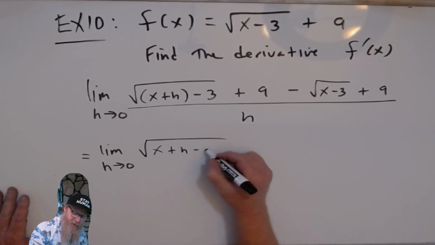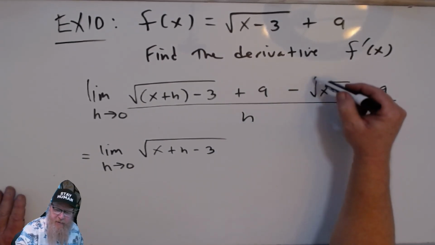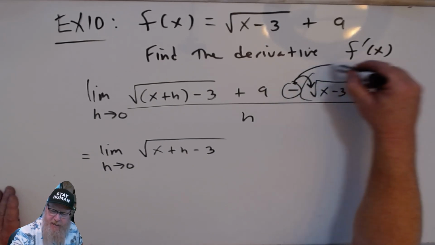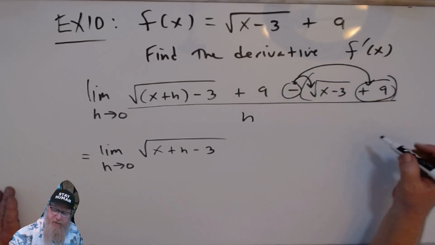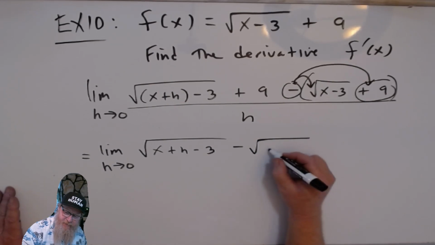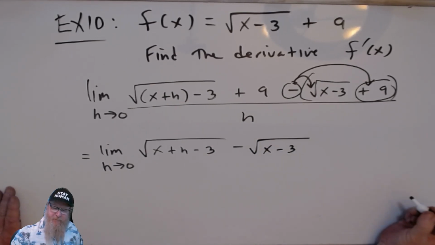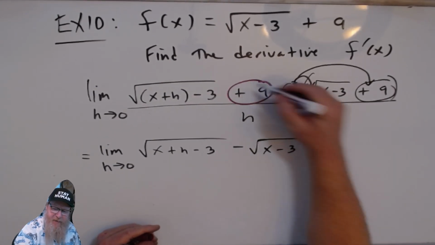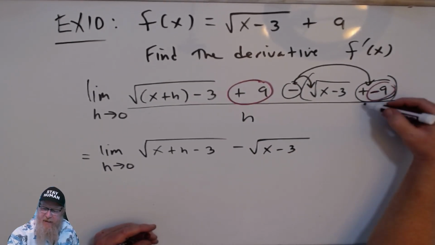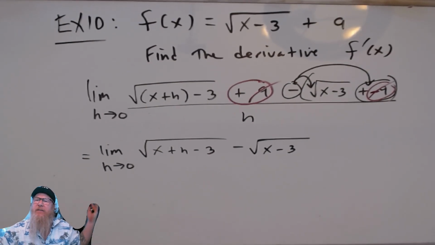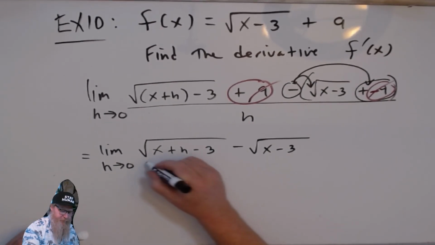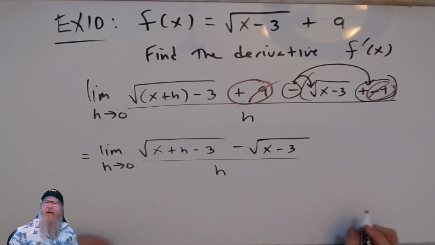Be careful here. This negative is going to change the 9 into a negative 9. So you're going to have a positive 9 and a negative 9, and those are going to cancel out. So this is all you're going to be left with, all over h.